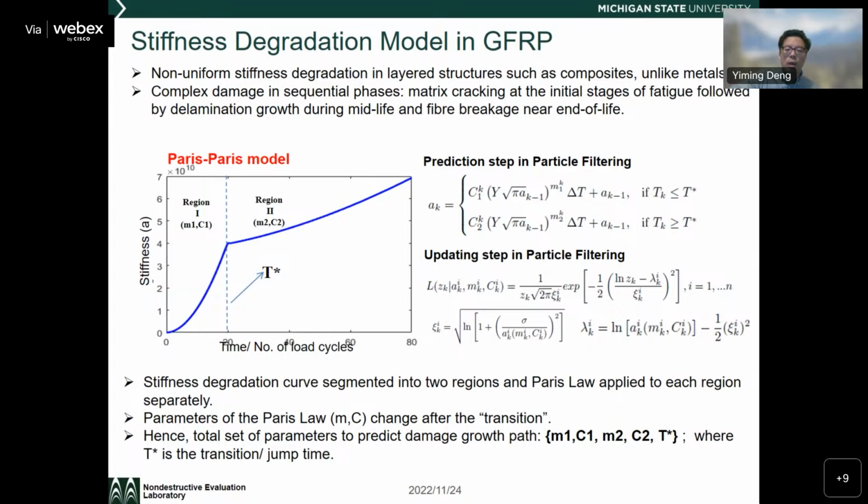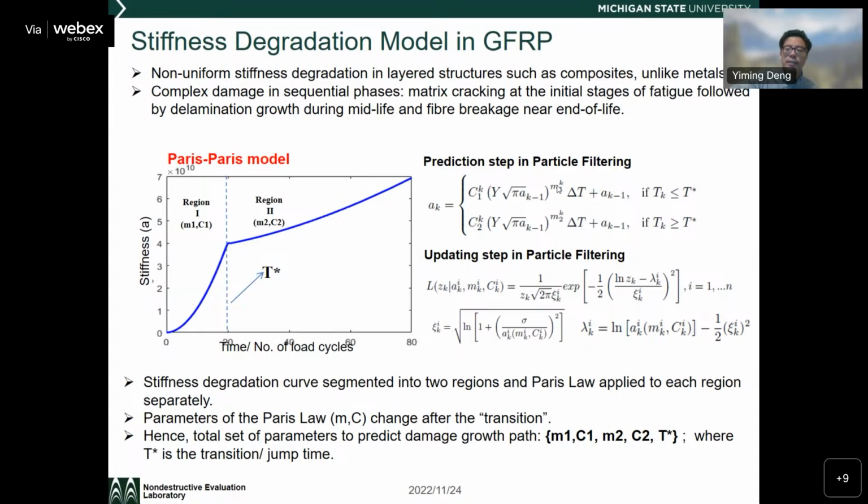It's a power law model where you can see the damage growth over time, which can be mathematically modeled as a constant times the stress concentration to the power of m. And I believe we've seen this in the last day's lecture.